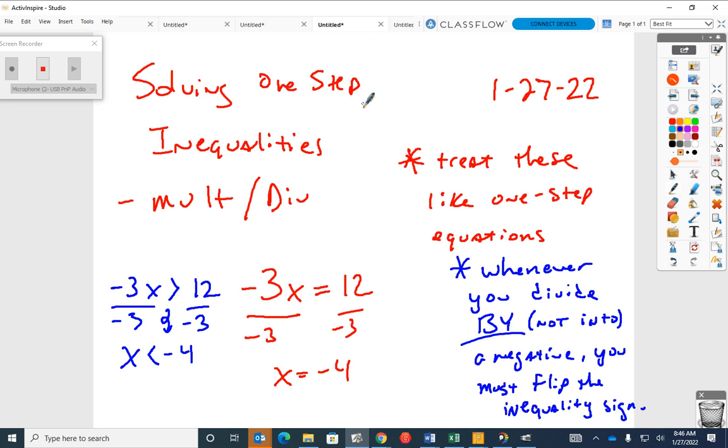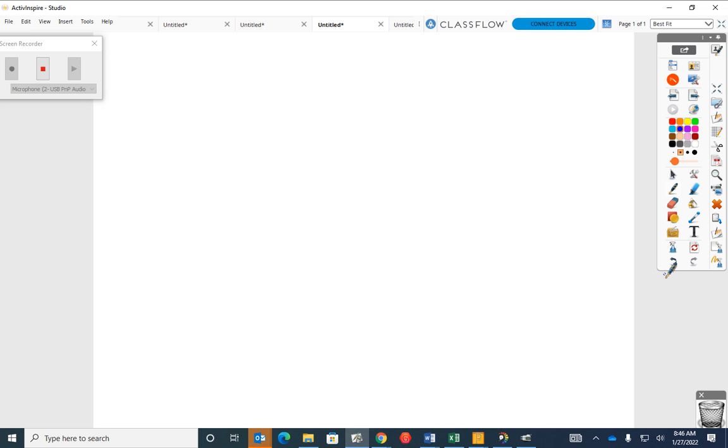Let's look at a couple of examples here. Is it the same rule if I divide into a negative? If I had 12x is greater than negative 120, first of all, if I treat this like a regular one-step equation, what's happening to x? It's being multiplied. So the way to undo that is to divide.